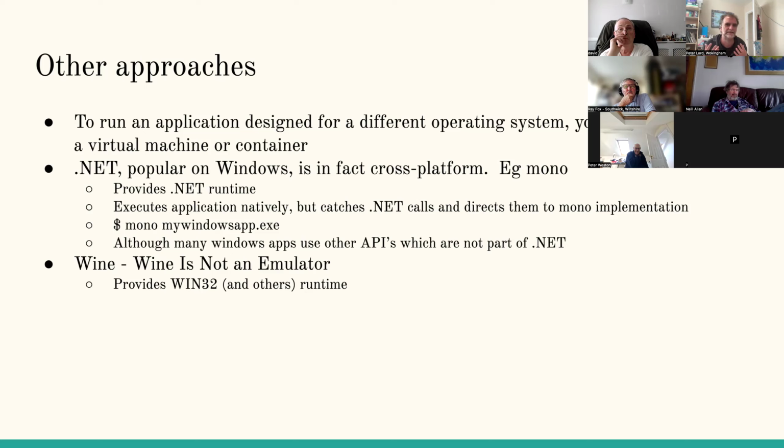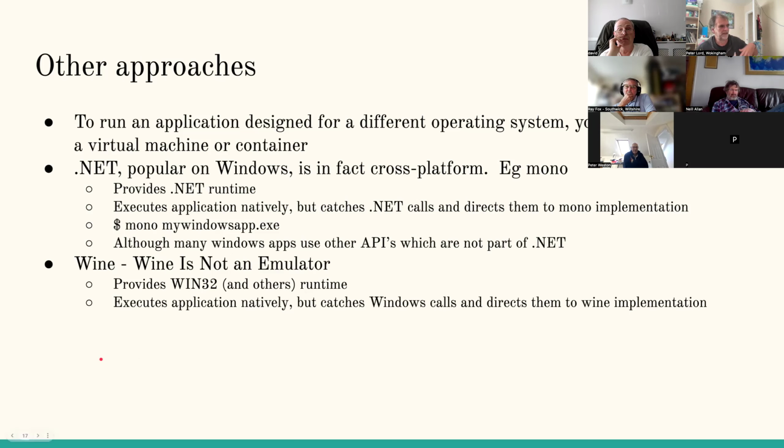It has basically re-implemented all the Windows libraries and APIs on Linux, a complete re-implementation. So again, the application is run natively, but any Windows calls to draw boxes or whatever it might be are directed to the Wine implementation of those libraries. And like Mono, you can just run wine and then your Windows application.